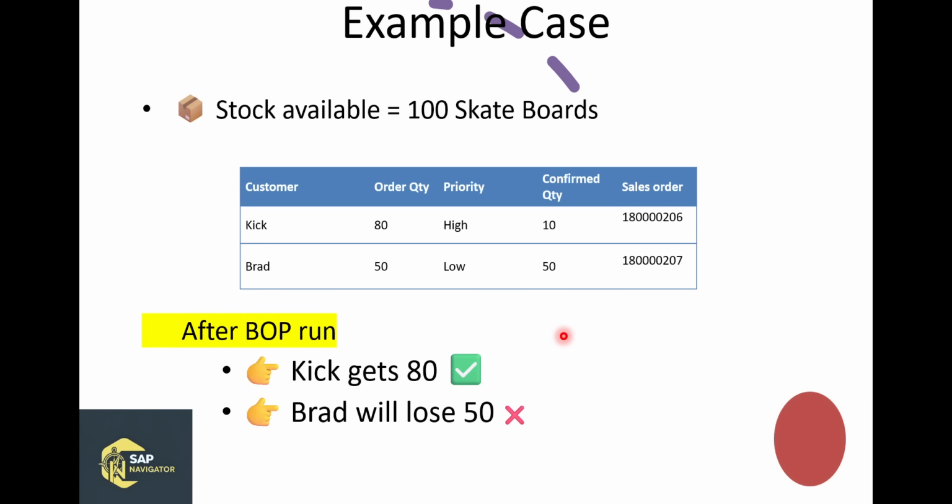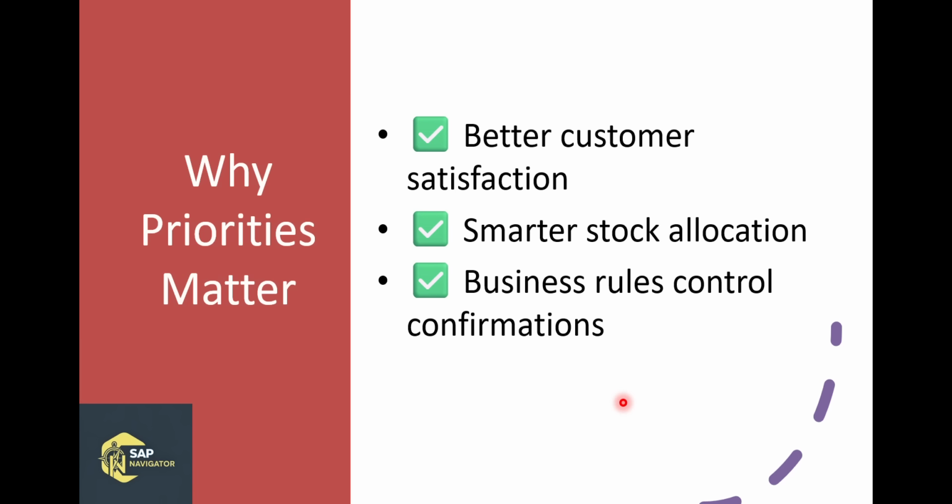For your understanding, now I will run for the win category and lose category. Let me take you to SAP. I will show you the sales orders of Kick and Brad, and I will also show you the confirmations, how much is confirmed. After that I will do the BOP configuration and run the BOP run.